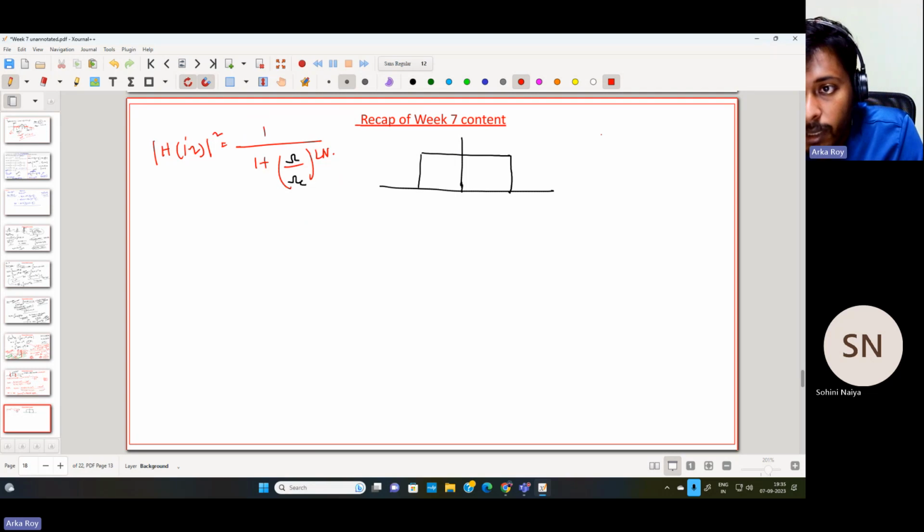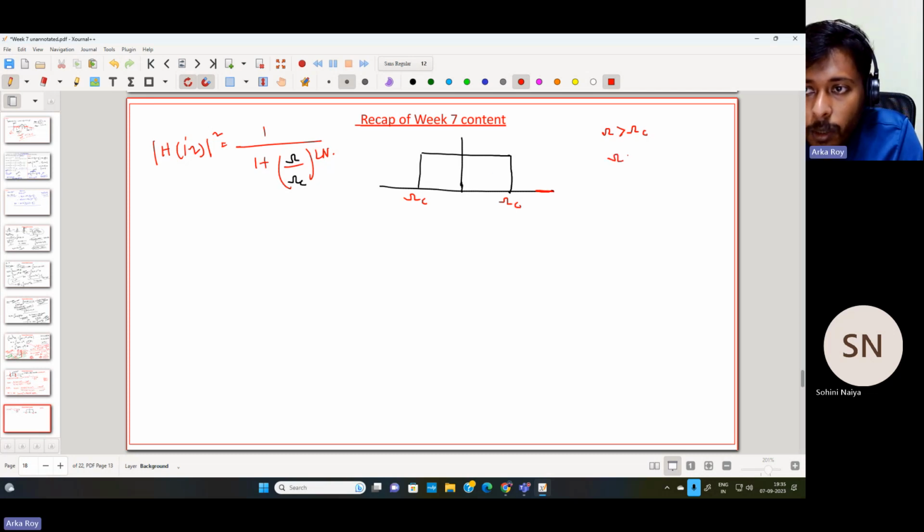So when sigma is greater than sigma c, this one is high and this one is low. Therefore, this will give you a high value, and therefore 1 divided by a very high value will give you low.